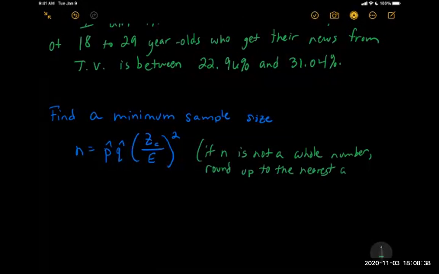If n is not a whole number, you have to round up to the nearest whole number because you cannot survey part of a person.